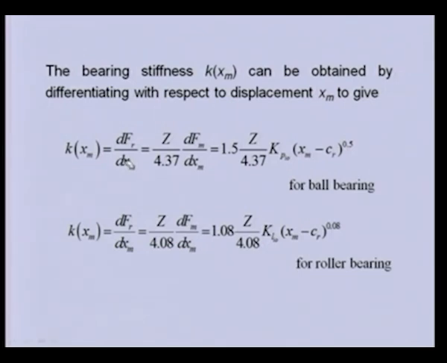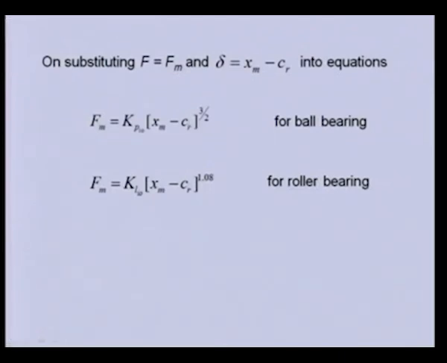So basically that displacement is the relative displacement between the inner raceway and outer raceway. So we can put the Fr from previous expression, so we will get the stiffness term like this, and Fm again we can put from previous relations which we have here.